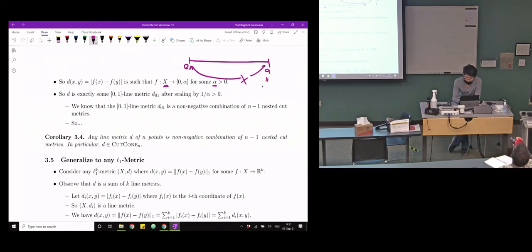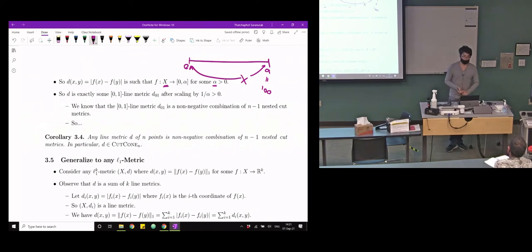Think of alpha maybe as 100. But now this metric D is just the same thing as a 0,1 line metric after some scaling.